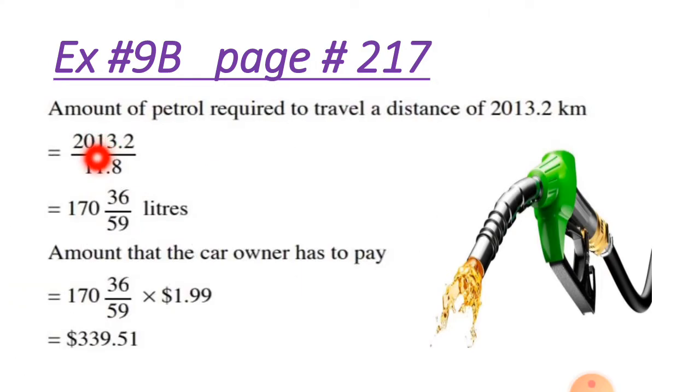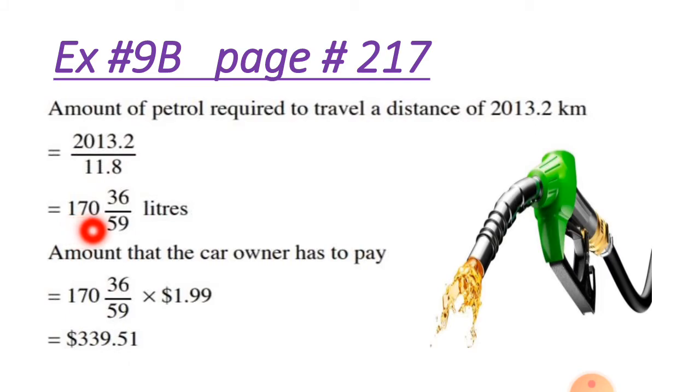First of all we have to write the amount of petrol required to travel the distance of 2013.2 kilometers. It will come in the numerator, and in the denominator we have 11.8 kilometers. When you divide these both numbers, it will come in decimals, or you can write your answer as an improper fraction and mixed fraction as well.